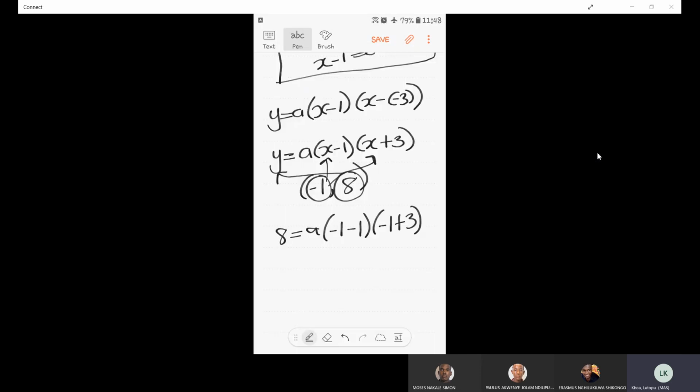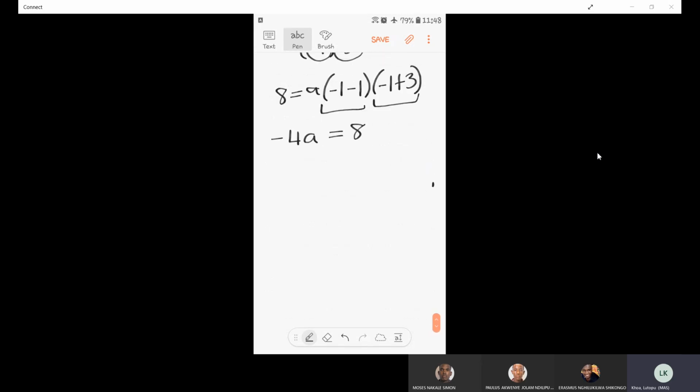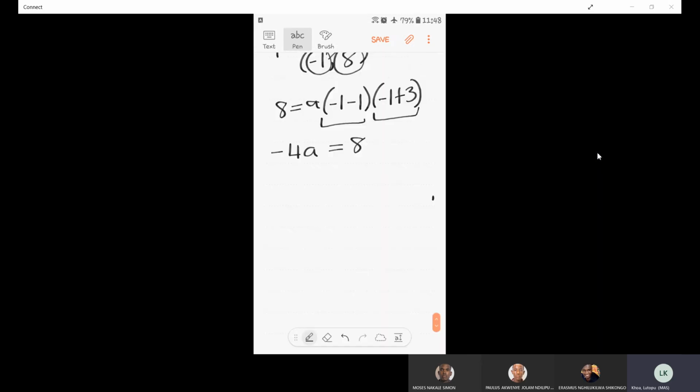I have -4a because this is -2 and this is +2. When I multiply them, I get -4a. This is equal to 8. Then I divide by -4 on both sides. I get a = -2. Now I rewrite the equation.